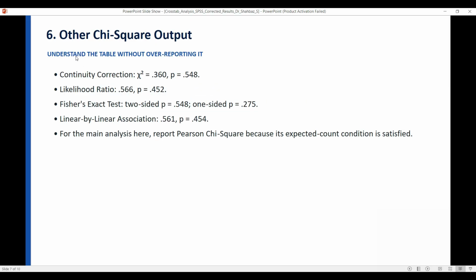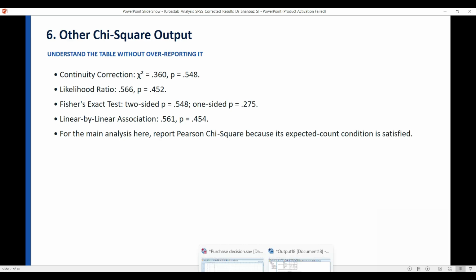On the other hand, the continuity correction value is 0.360, which is also not significant because the p value of 0.548 is higher than the significance level 0.05. And the Fisher test is also not significant because the p value of 0.275 is higher than 0.05. You can also see the linear by linear association is not significant.